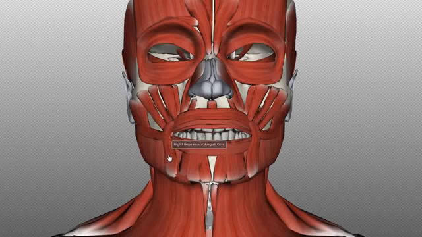So just moving slightly medially, we've got depressor labii inferioris, the counterpart to levator labii superioris. This muscle depresses the lower lip. Again, Latin, depressor, labii lip, inferioris, lower.